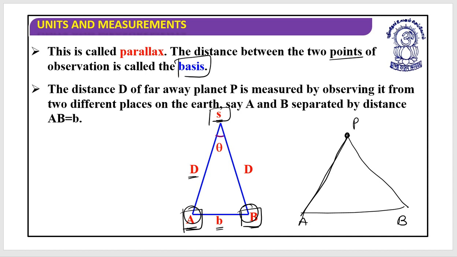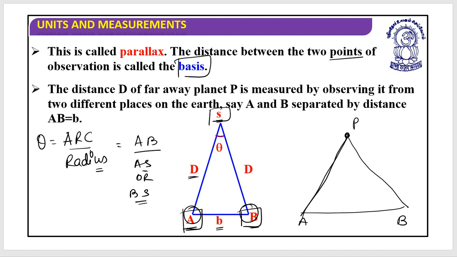You know that in plane angle, theta is equal to arc divided by radius. Now what is the arc and what is the radius? In our case, AB is the arc, and the radius you can write as AS or BS. These two are approximately equal.